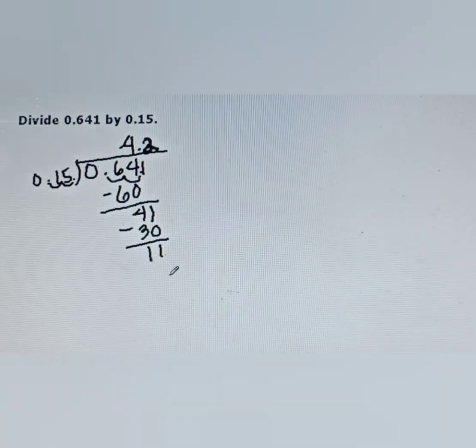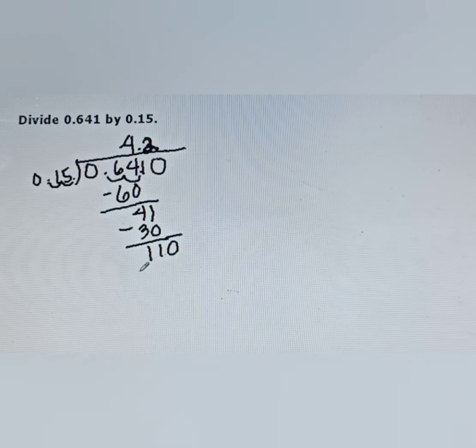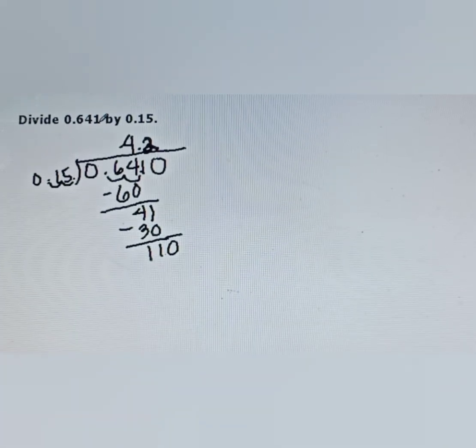Again, we cannot have a remainder. So what do we do? Let's continue dividing. Again, we add 0 here. Then just bring down that 0. So this time, it's 110 divided by 15. How many 15s are there in 110? If you have 6, that's 90 only, right?